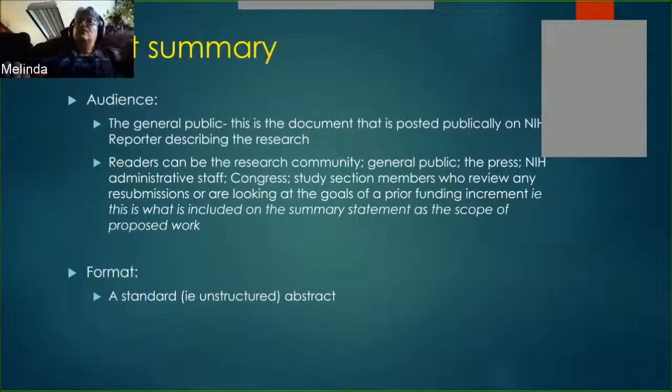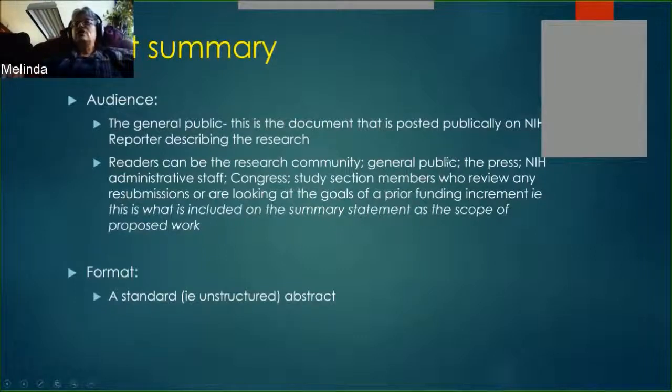The description of the research for that funding mechanism is this project summary. So if it's funded, everything you put in it is public knowledge, so that competitors and other people can read it and they will know what it says.